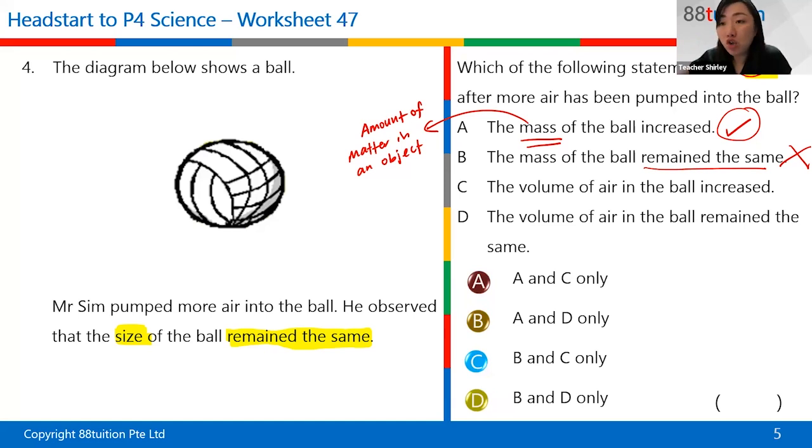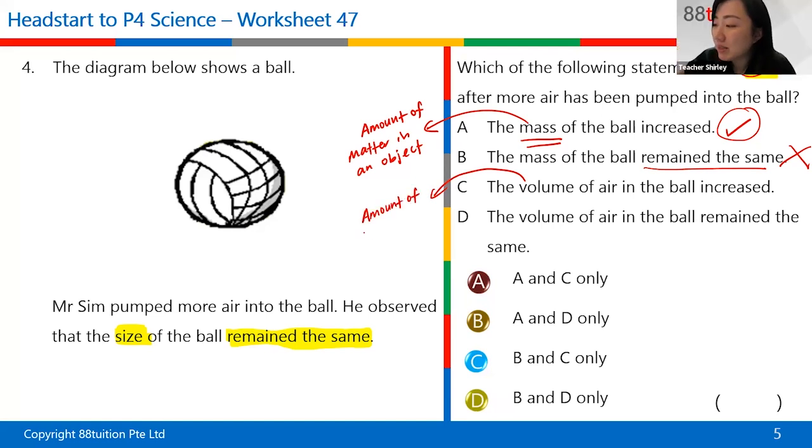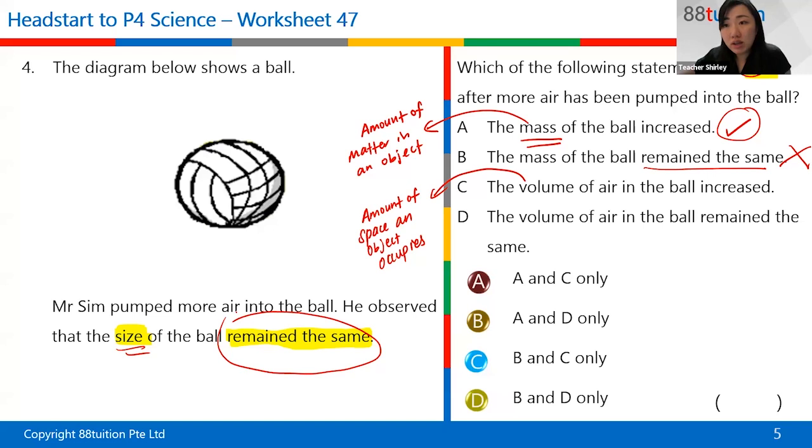Now, next one, the volume increases. Did the volume increase? Okay, again, what is volume? Volume is the amount of space an object occupies. But if you think about it, the size remained the same. So did the ball occupy more space?